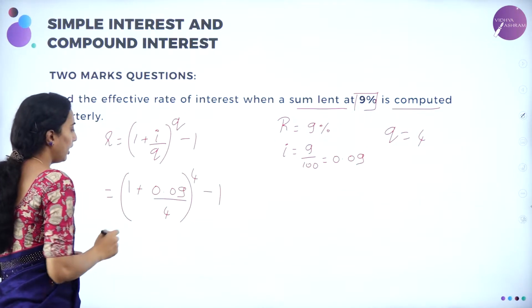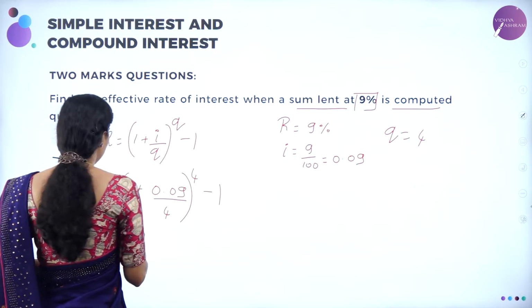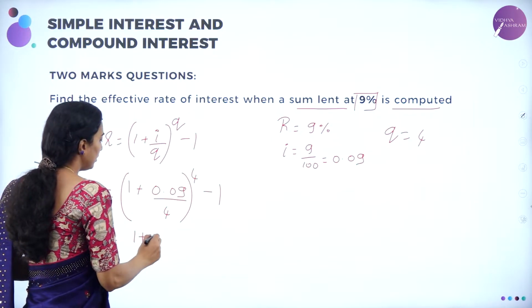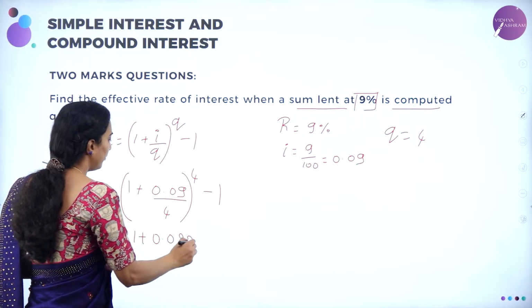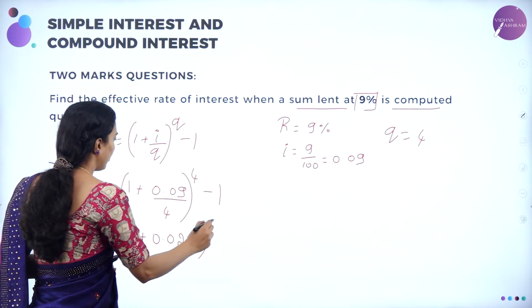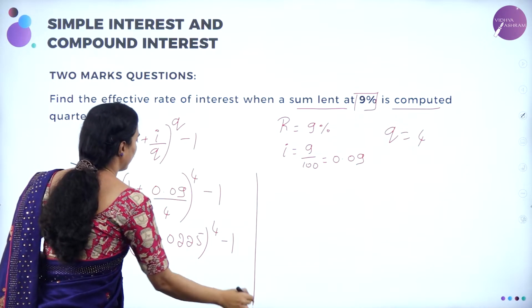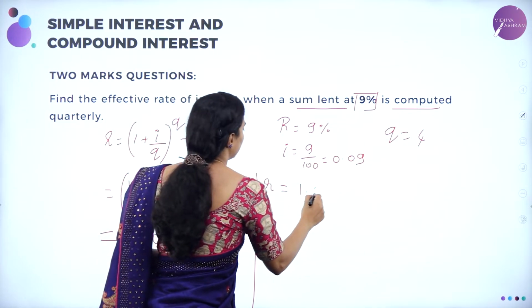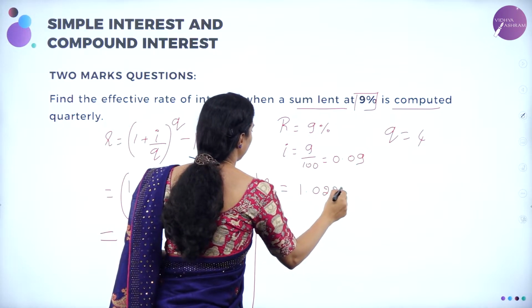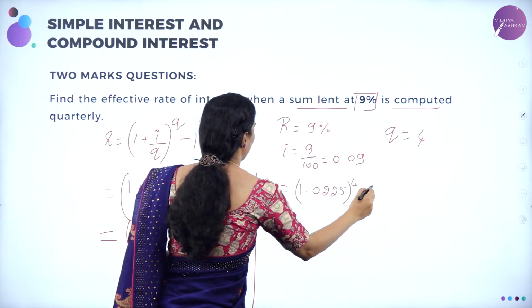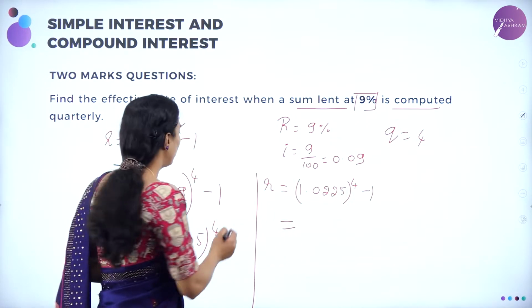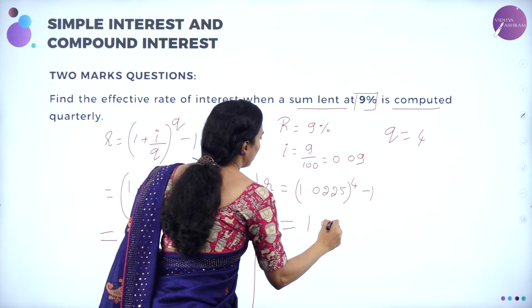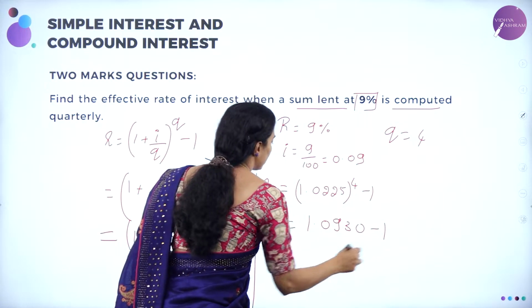Same, 0.09 by 4 gives 1 plus 0.0225 to the power of 4, minus 1. Therefore, r is equal to 1.0225 whole to the power of 4, minus 1, which is 1.0930 minus 1.